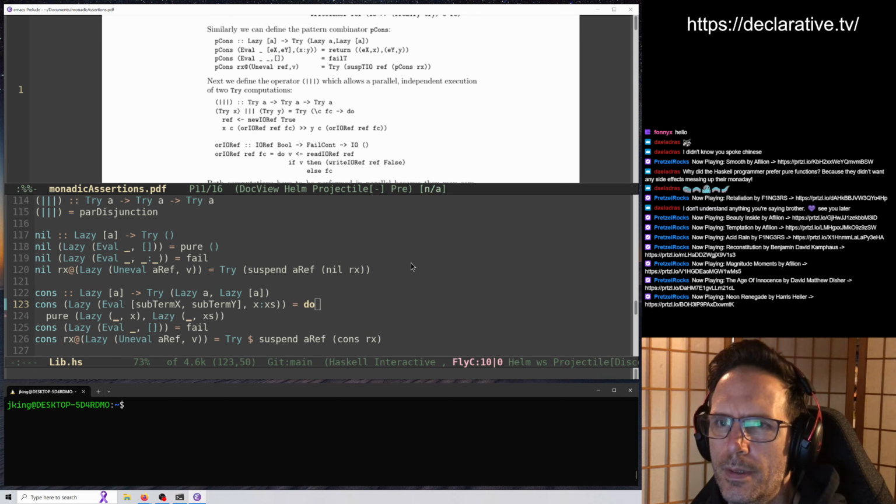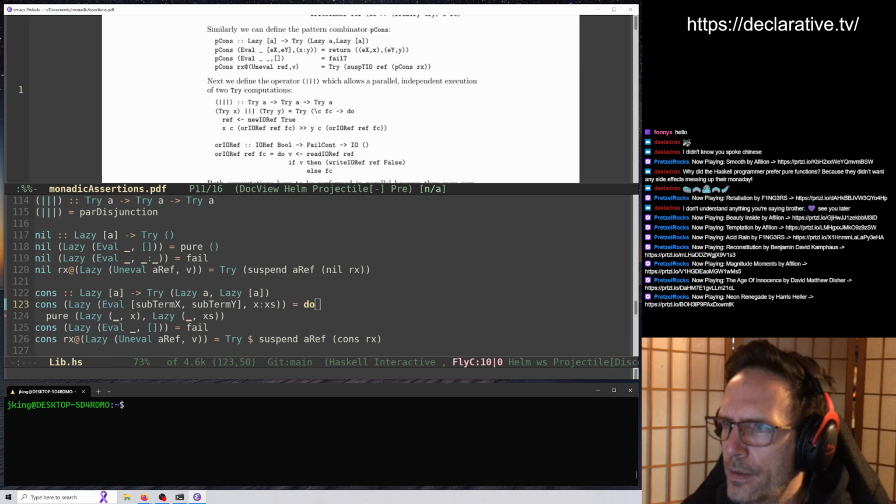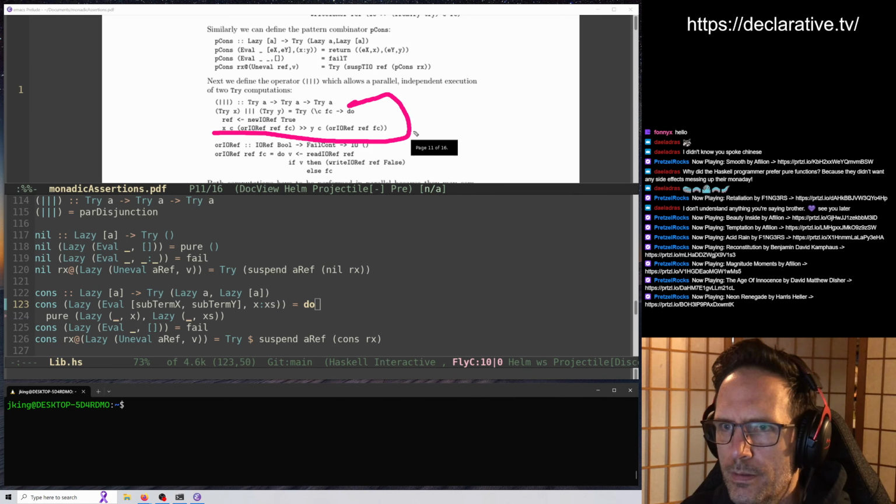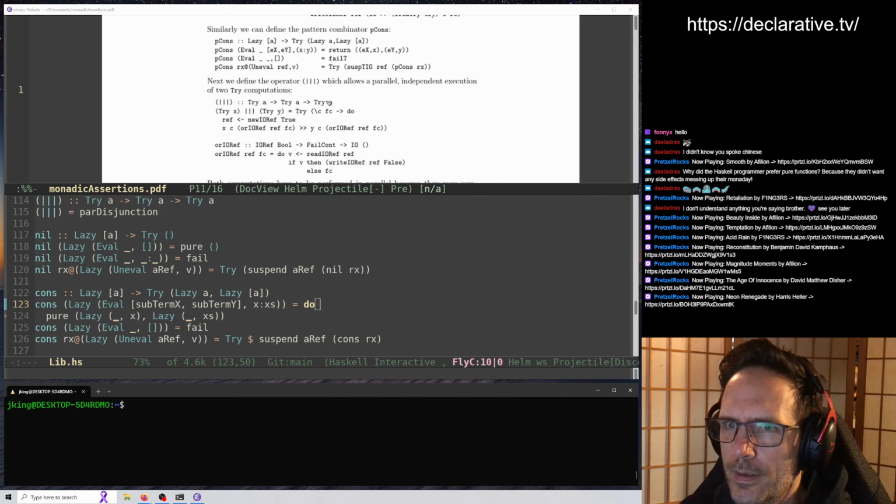Now, that was interesting. This next definition down here is doing IO actions inside of try here.